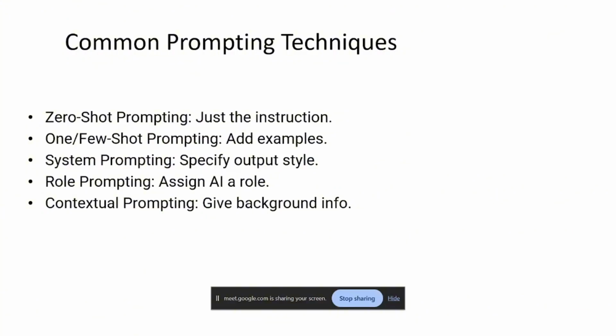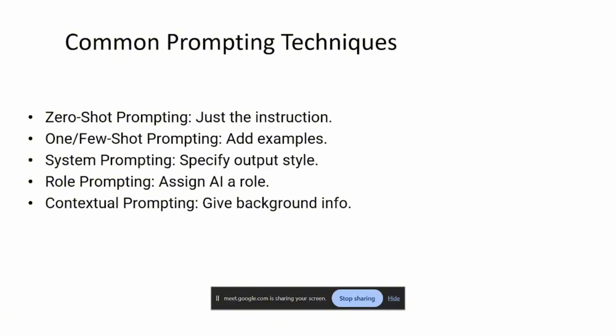For example, if you're a vibe coder and you want to build a website, you tell an LLM like ChatGPT, build for me a website that resembles this one, and then you give it a link as an example. That one we call few-shot prompting.